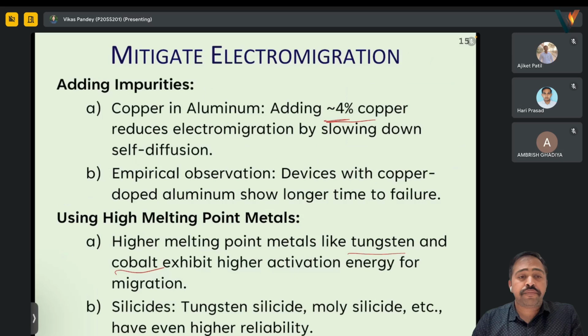Then another solution is a design solution. One is cladding. Cladding is just like we do cladding in the case of our home wires, where we cover them with some insulating material. Here we are not using insulating material directly. One is titanium cladding.